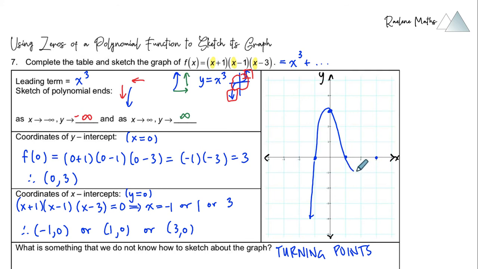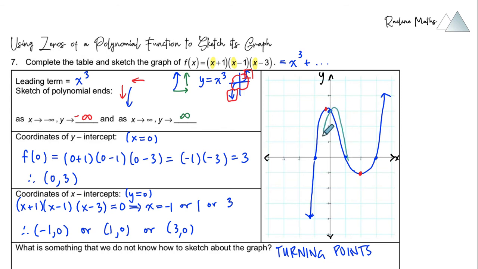And in fact, that's going to be the realm of calculus, for learning how to come up with the coordinates of these turning points by hand. So we are going to need to use graphing technology to figure out these turning points. For now, we will just approximate them, and if we have it wrong, perhaps the turning point needed to be on the other side of the y-intercept.